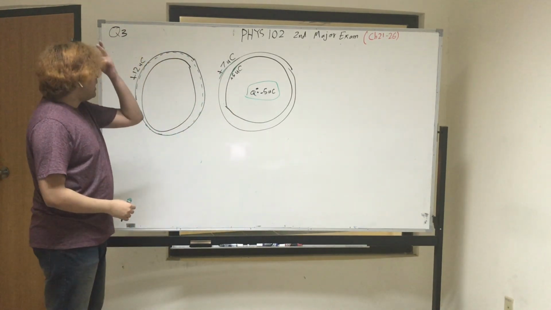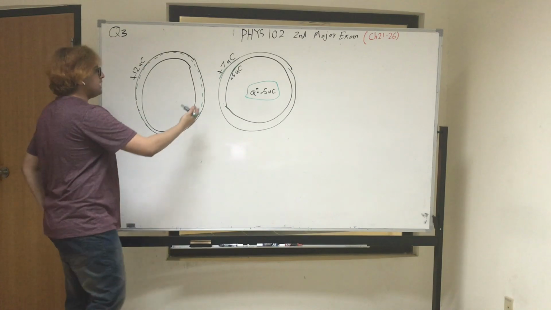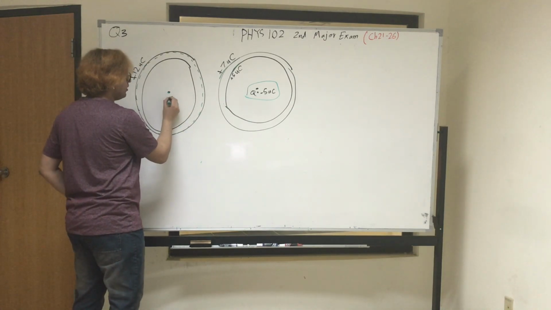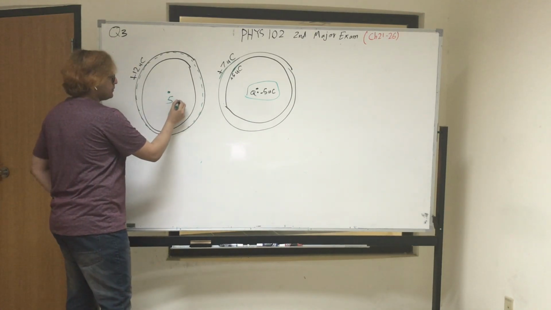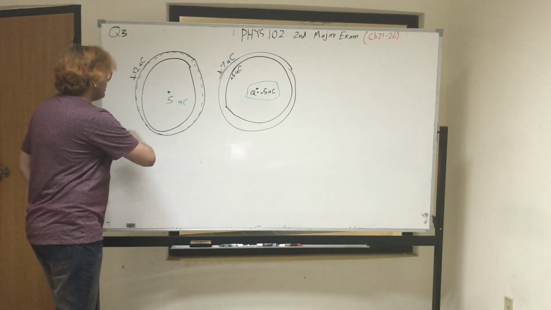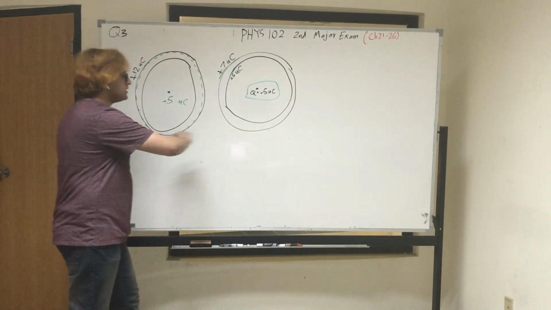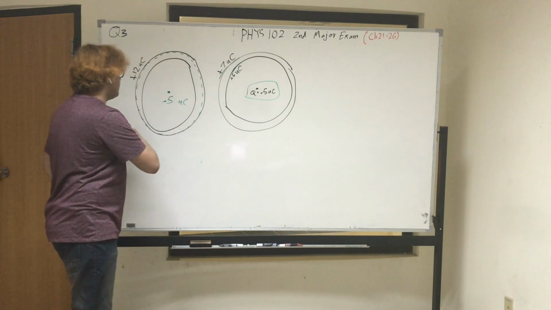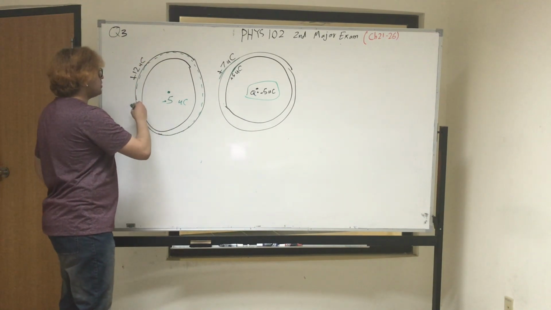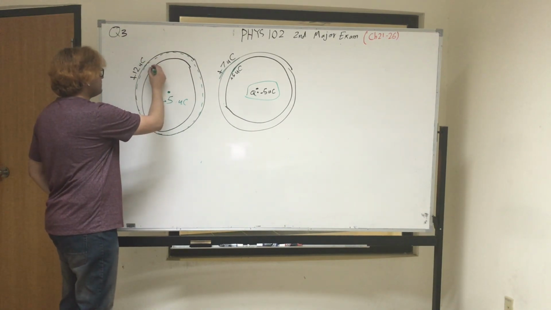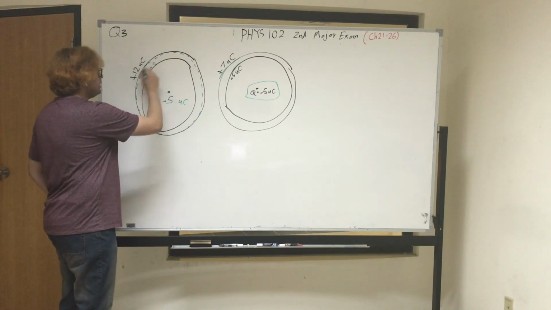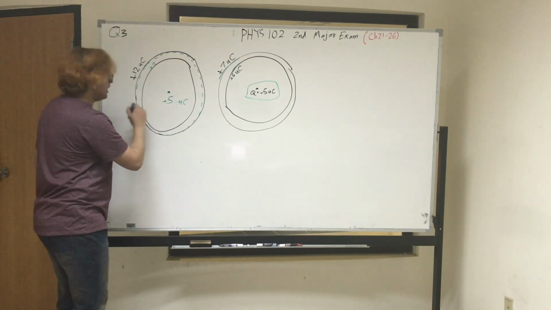So what's going to happen is basically once we place the 5 microcoulomb charge here, this is negative, okay? So it's negative 5 microcoulombs. This negative charge is going to attract some positive charges here, equal in magnitude but opposite in sign.